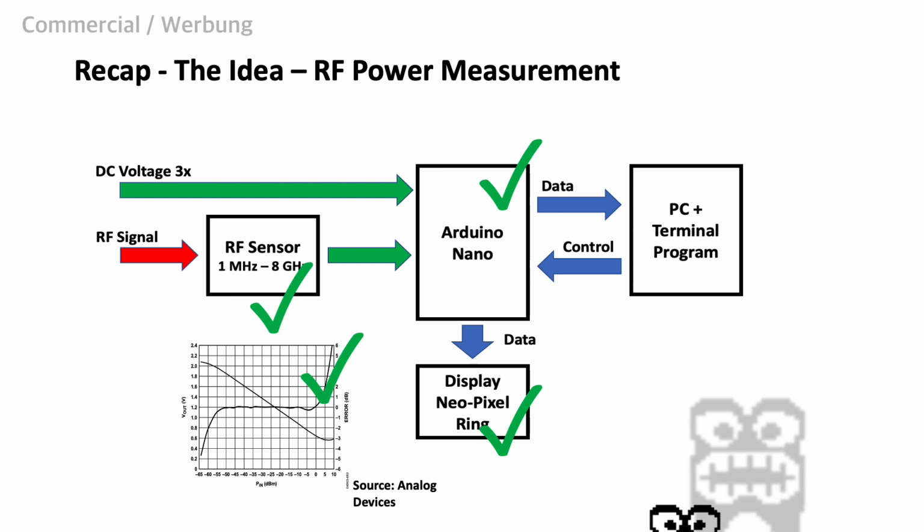In short live demonstrations, we were already playing a bit with the hardware features, and we were showing some interesting applications for the device. It detects and measures practically all radio signals in the frequency range from 1 MHz to 8 GHz.